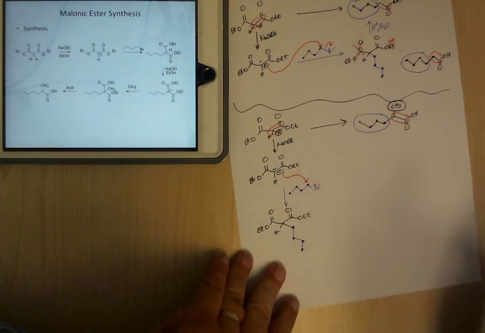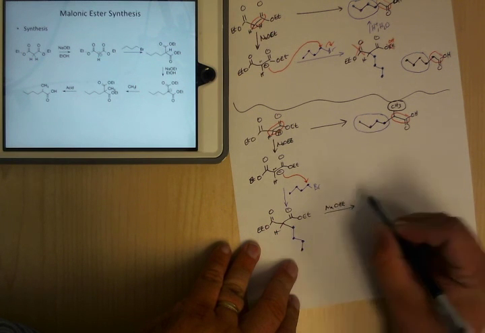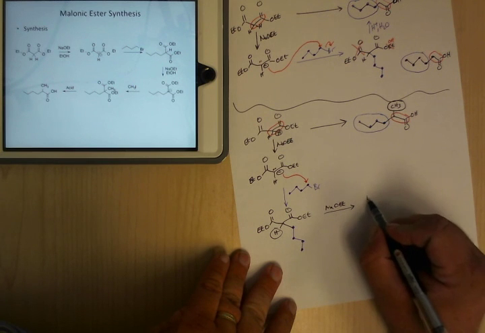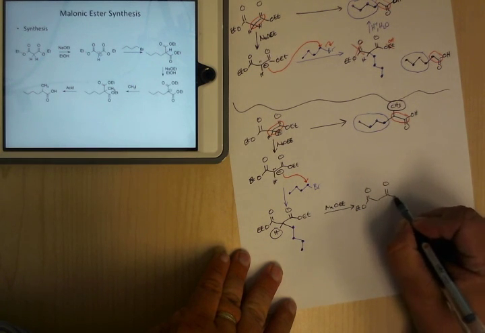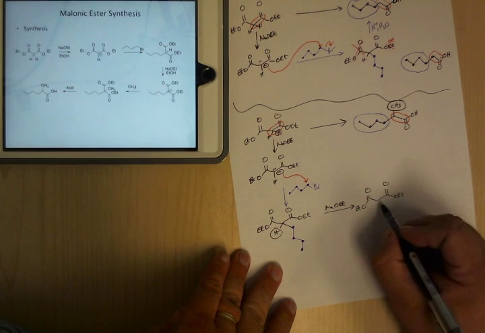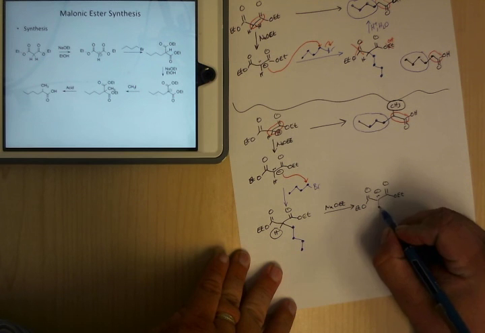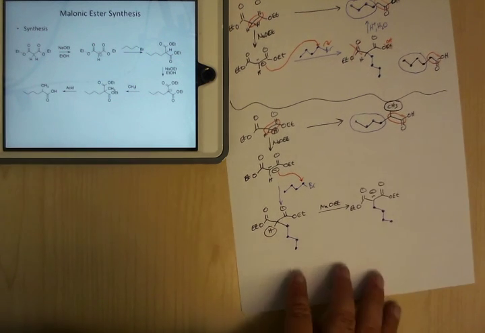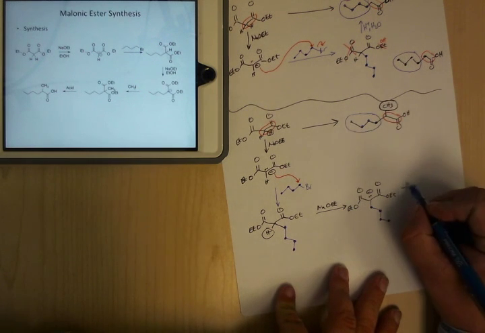You're going to go through the exact same process. Again, you're going to hit this with sodium methoxide. That's going to rip off this. You still have this 4 carbon piece. So again, we're going to react that with a 1 carbon piece that we have to add.